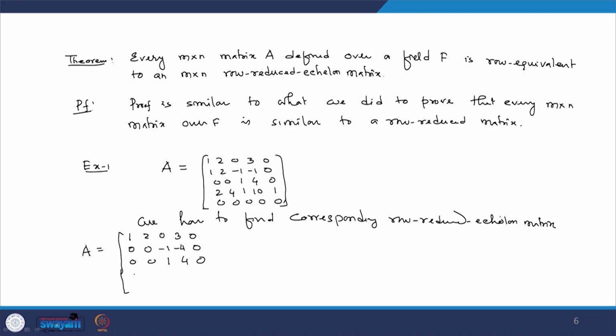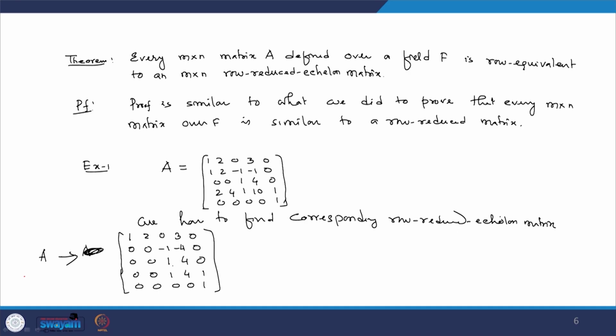If I do it, then it will be 0 0 and this is 1 and again 10 minus 6 equal to 4 and here I am getting 1. So, then it is basically 0 0 0 0 1. So, A goes to this matrix now.